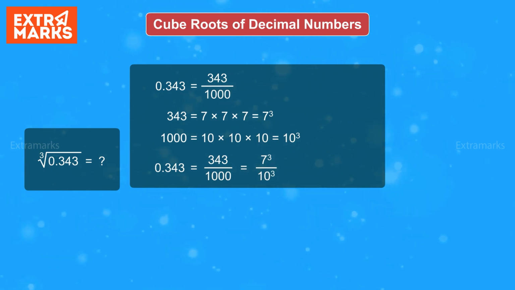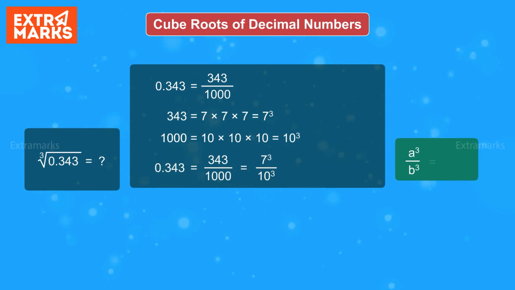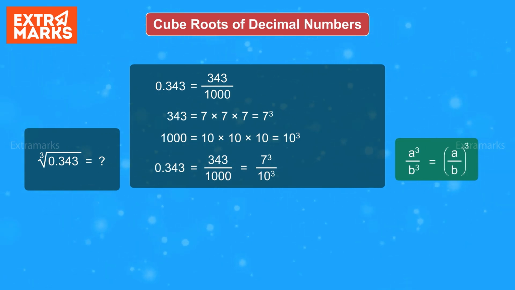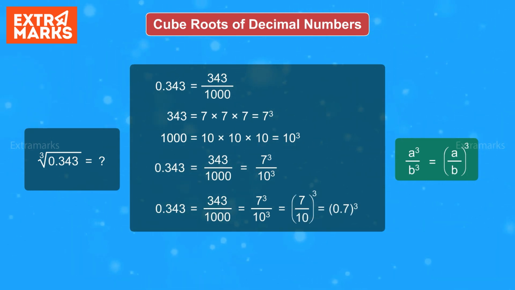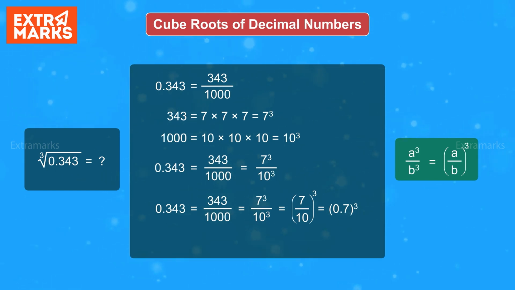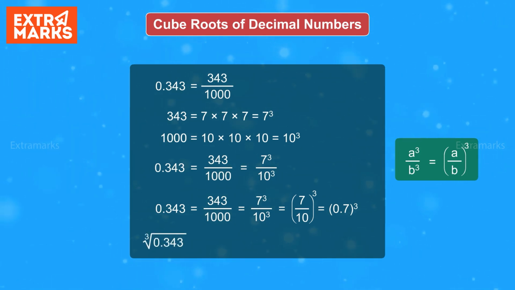Now, using the property of exponents, a cubed upon b cubed is equal to a upon b whole cubed, we can write 7 cubed upon 10 cubed as 7 upon 10 whole cubed, which can further be written as 0.7 cubed. Therefore, the cube root of 0.343 is equal to 0.7.